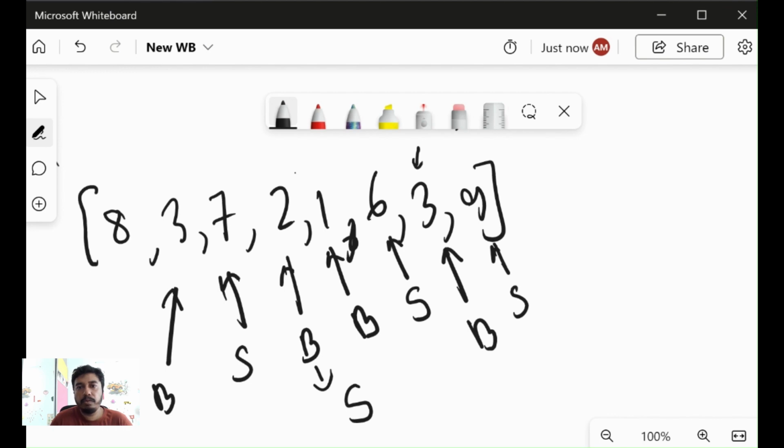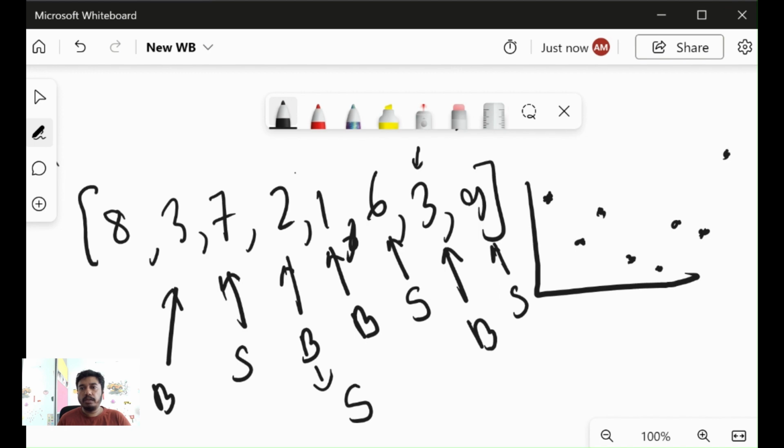Okay, so if you draw a stock chart, somewhere 8 is this point, then you have 3, then you have 7, then you have 2, then you have 1, then you have 6, then you have again 3, then you have 9.